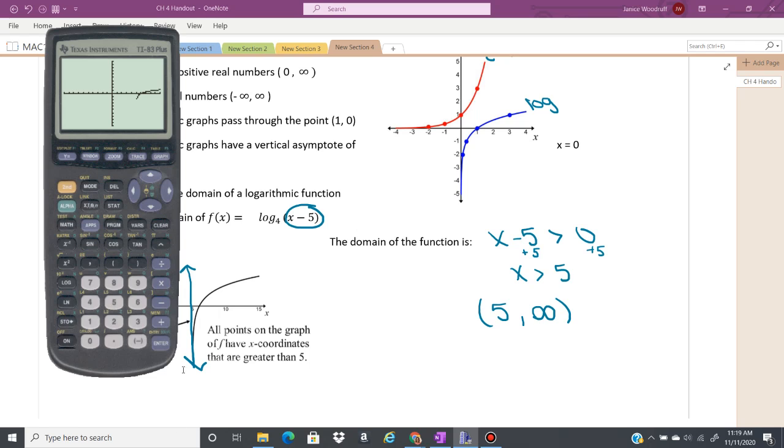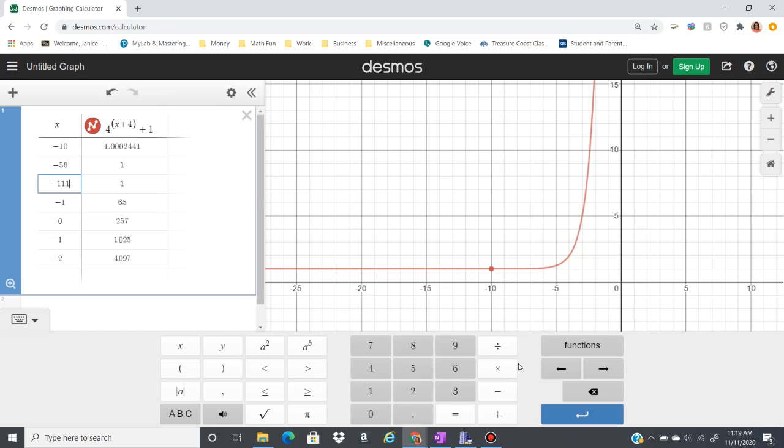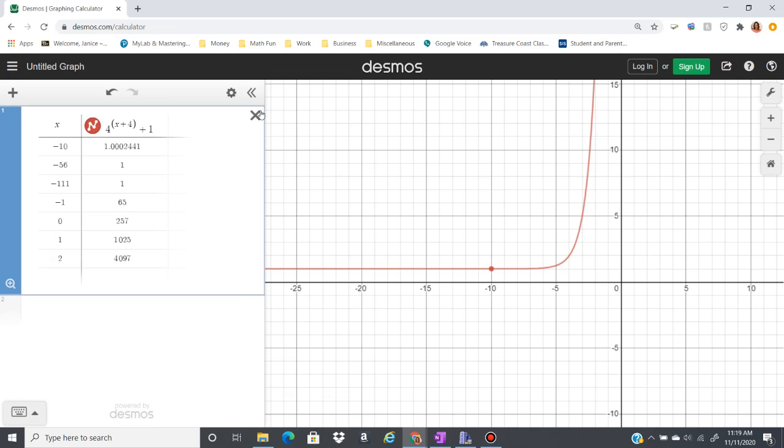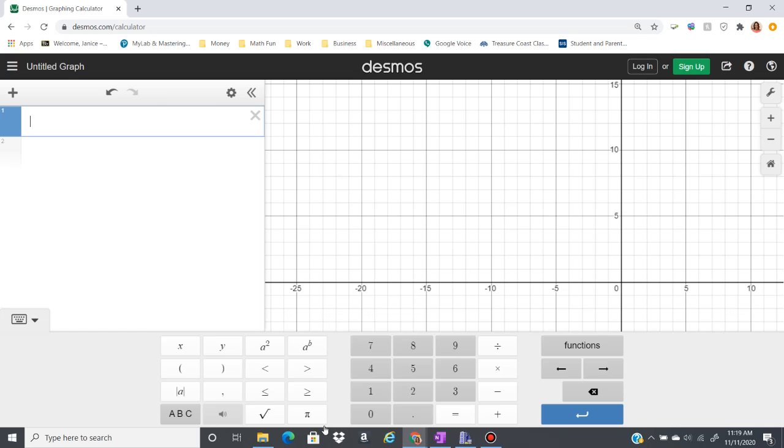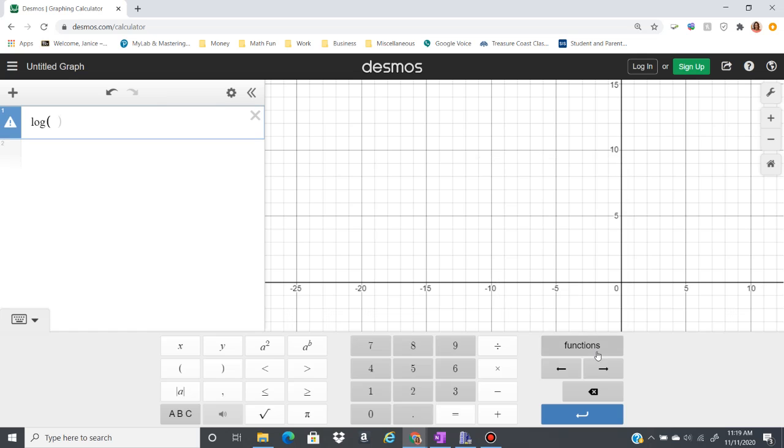And there's your graph. So if I zoom out a little bit, it's going to look more like the one on my notebook here. Or if I look at graphing technology, let's see what we've got here. So we've got log functions. Log. Nope. I want log with a base.